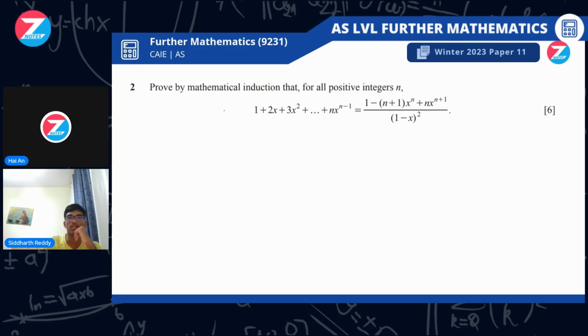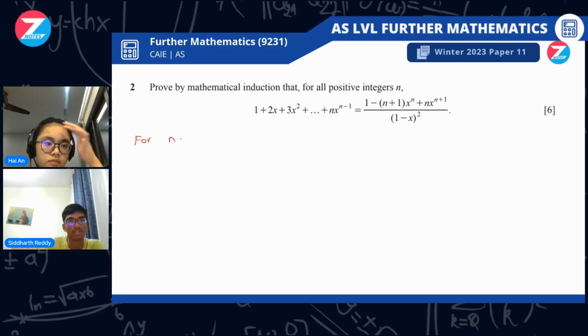Prove by mathematical induction that for all positive integers n, 1 plus 2x plus 3x² plus and so on plus nx^(n−1) is equal to the expression on the right-hand side. The format for proof by mathematical induction is always the same. We start by stating the base case. For n equals 1, on the left-hand side we have just 1.